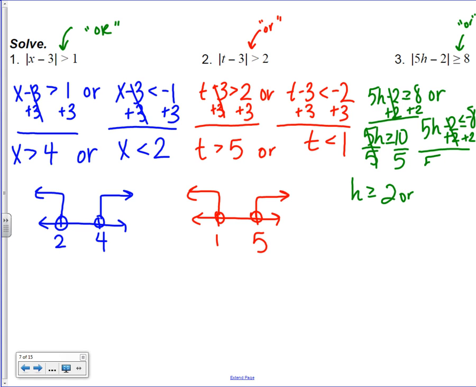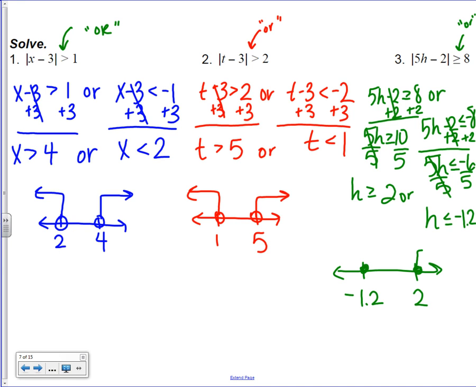We're just isolating the h here, folks. Number line. Both of them get closed circles. The 2 is shaded to the right, and the negative 1.2 is shaded to the left.